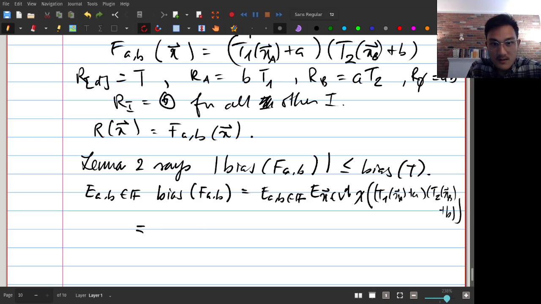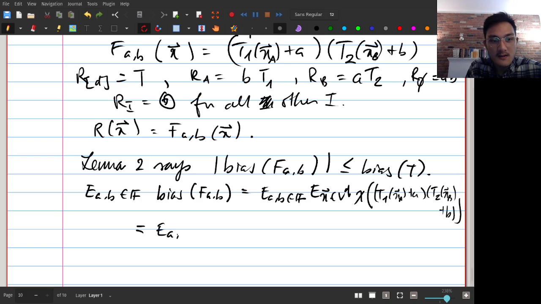Here's what happened when we took the expectation over all x. Anything that has an x in it just disappears, because you have the average of something over, well, it's chi, so it goes into the complex numbers, but it's still a finite group, and the average over a finite group is going to be 0. So the only thing that survives is the term that doesn't have an x in it.